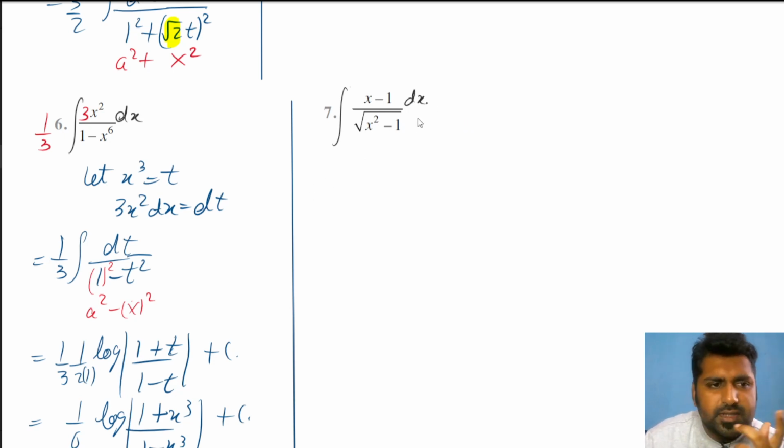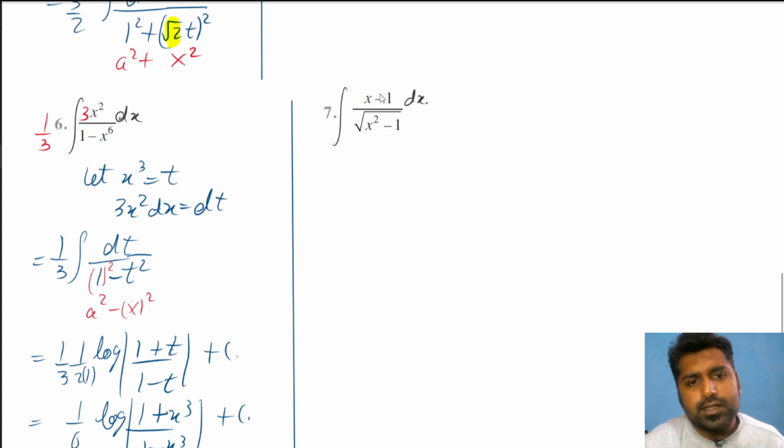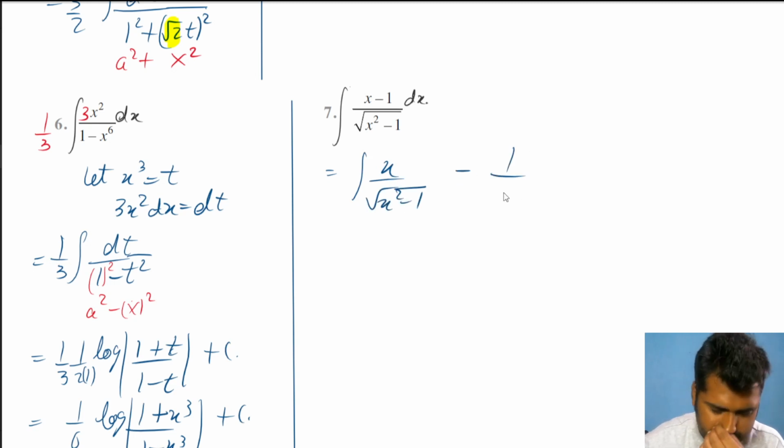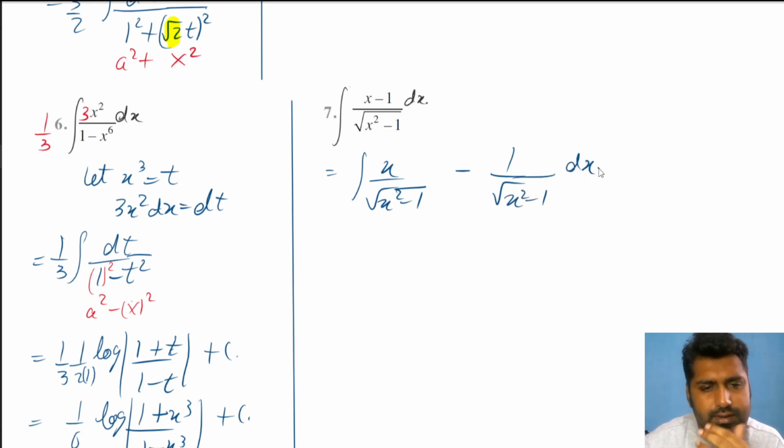This time the problem is numerator has two terms. Denominator is square root of x square minus a square. We know the integration of this, this is log of x plus square root of x square minus a square, standard result. But it's the numerator that is creating a problem. So what we can do is I can rewrite this in two parts. X upon square root of x square minus 1 minus 1 upon square root of x square minus 1 dx.